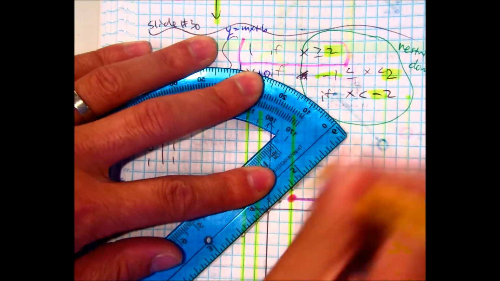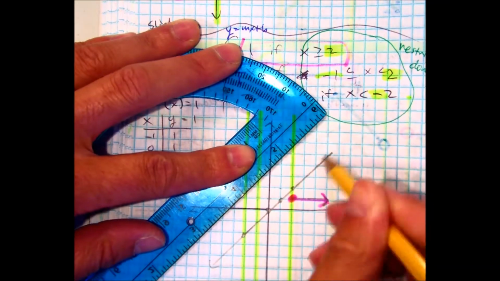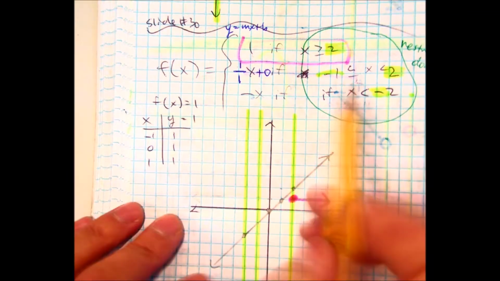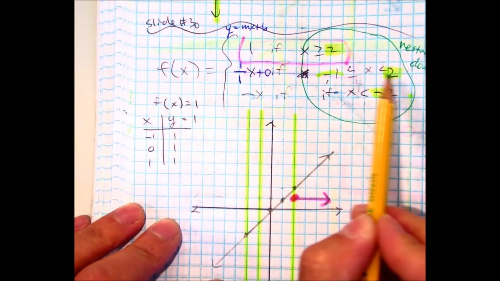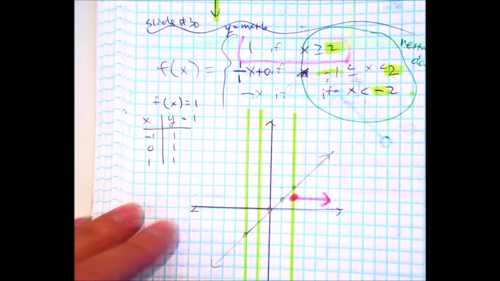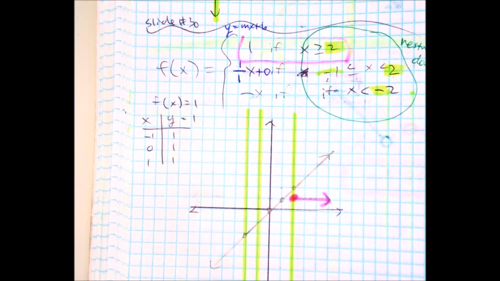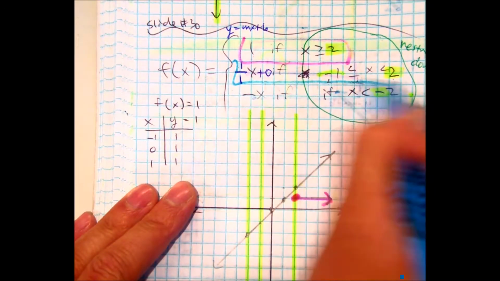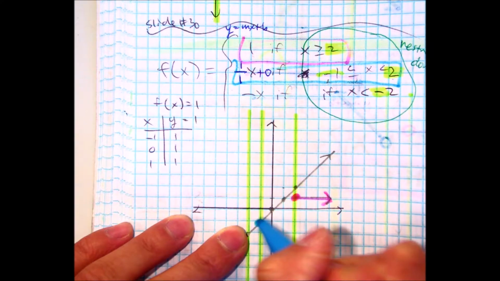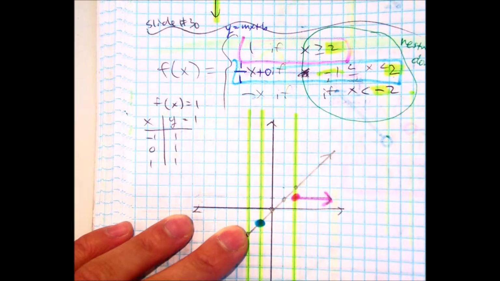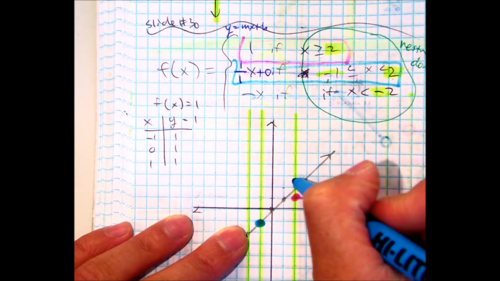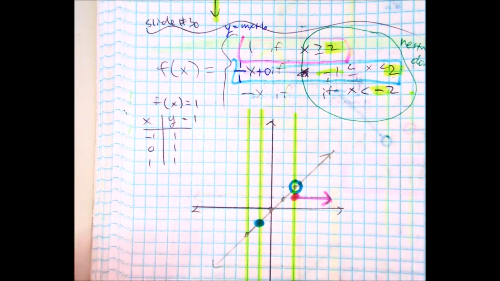Some of you guys are starting to predict where you actually need to draw this line. Thinking ahead. It says I need numbers only between -1 and 2. At -1, is this open or closed? That's going to be a closed. Let's do some blue. So at -1, I have a closed. And how about at 2? At 2, any numbers that are less than, so that'll just be here.